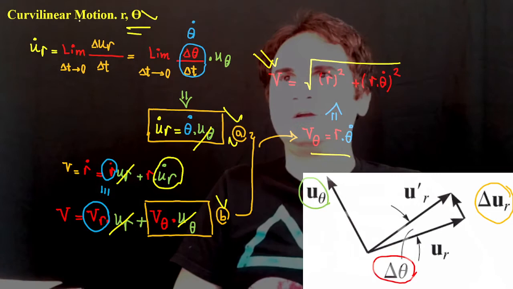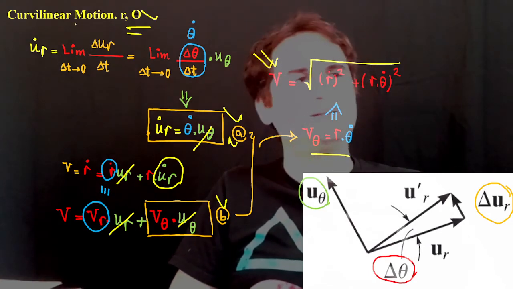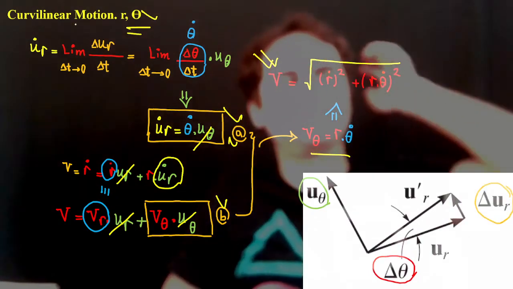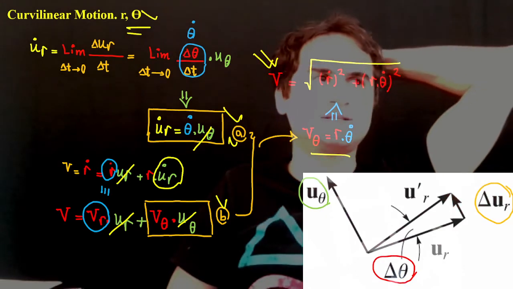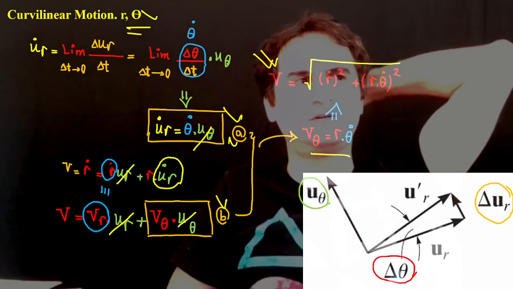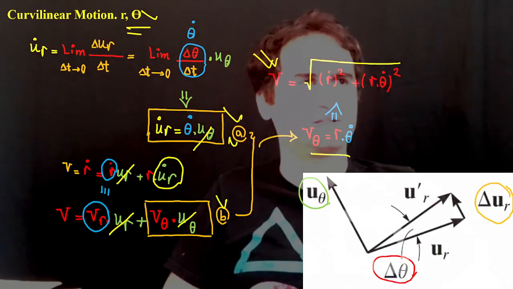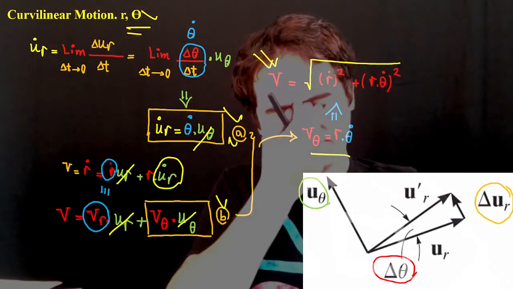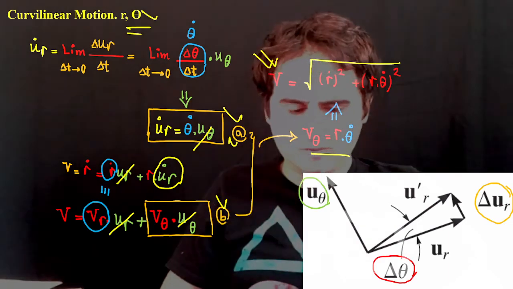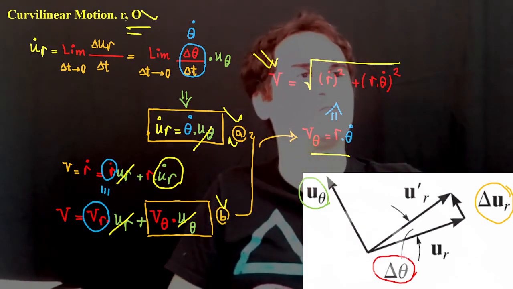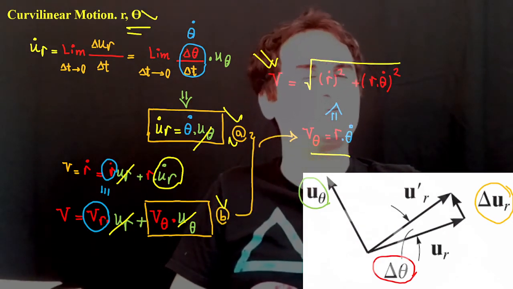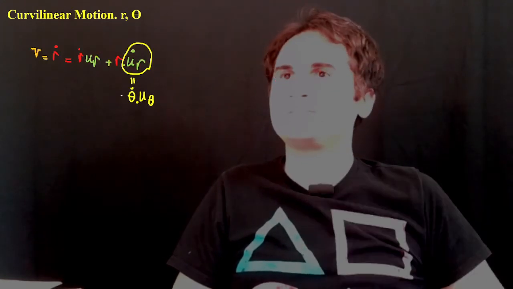Why are we interested in r and theta? Polar coordinates make a lot of dynamics problems far simpler in comparison to other coordinates. But again, I insist that you can solve all the problems with a different method, whichever you prefer.